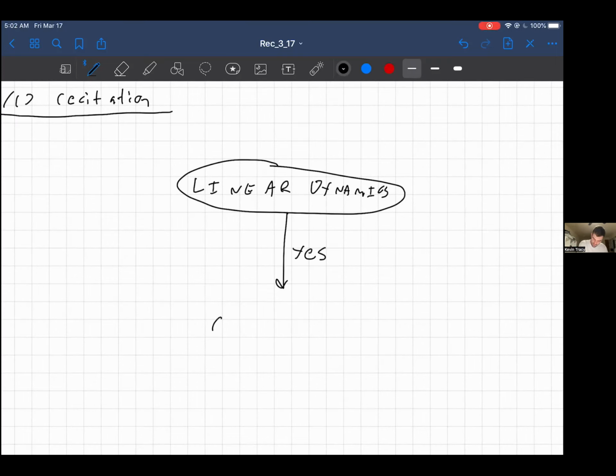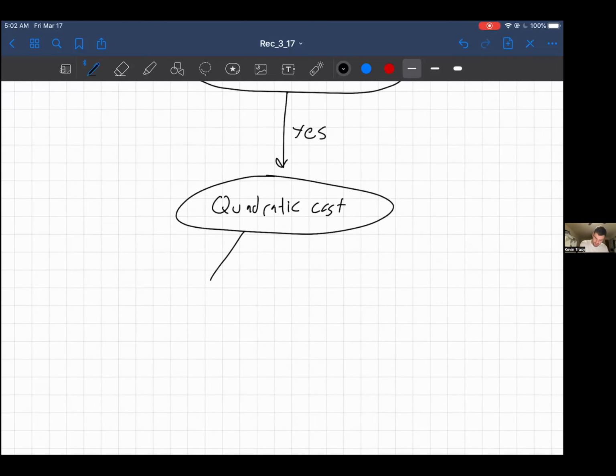First question is quadratic cost. So if I have a linear system and I have a quadratic cost, I'll say yes, no, and then I'll have unconstrained.